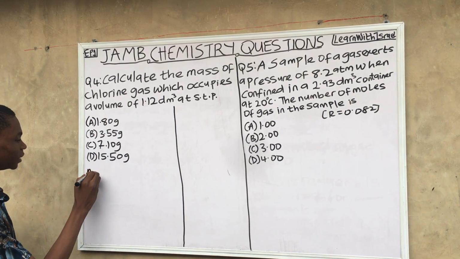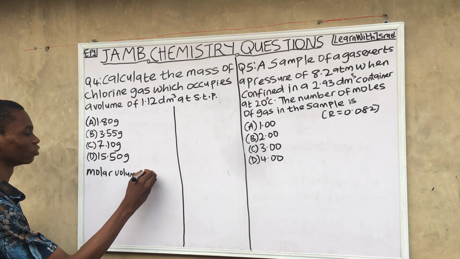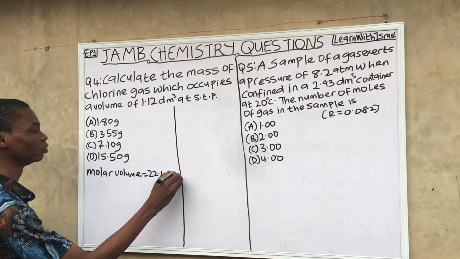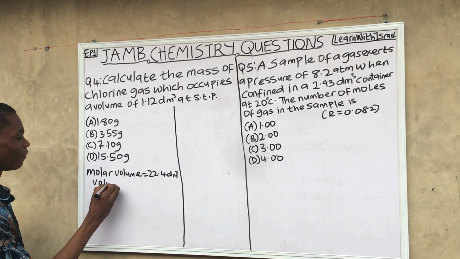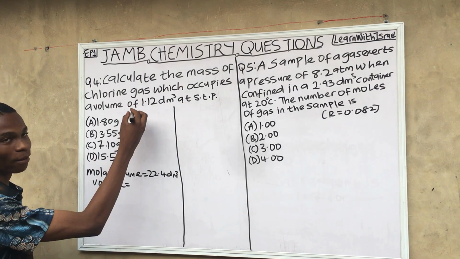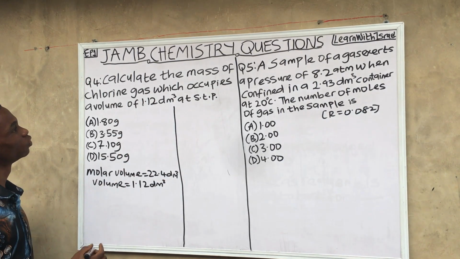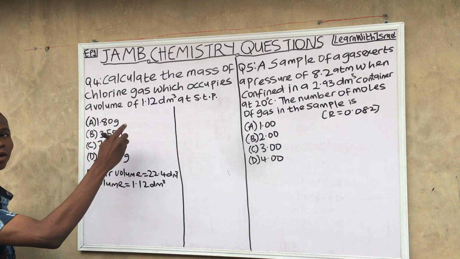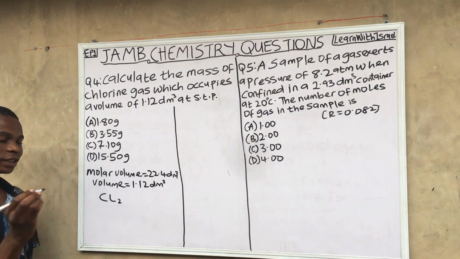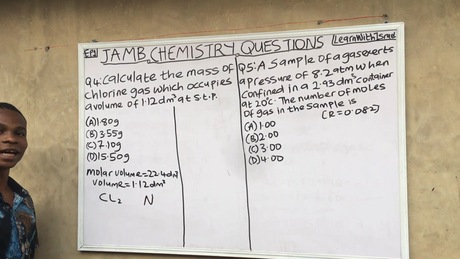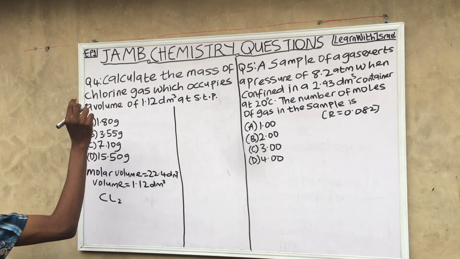Our molar volume is equal to 22.4 dm³. Our volume is 1.12 dm³. And chlorine is written as Cl, but chlorine gas is written as Cl2. Nitrogen is written as N, but nitrogen gas is written as N2, for those that don't know that.